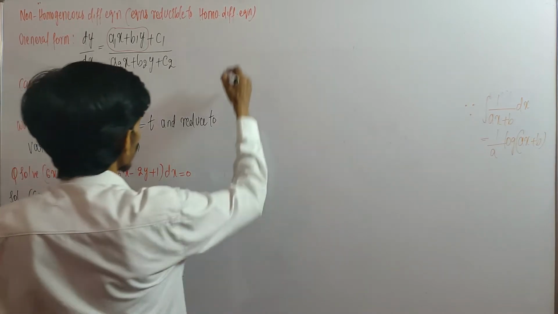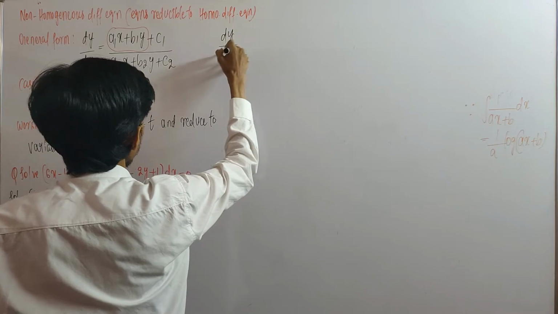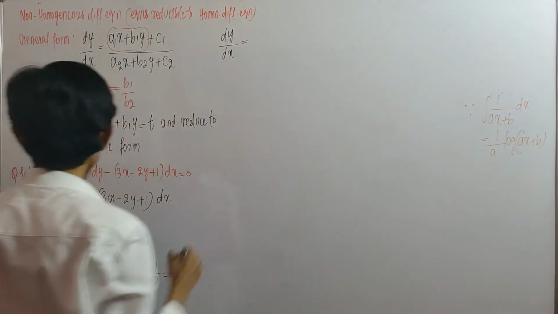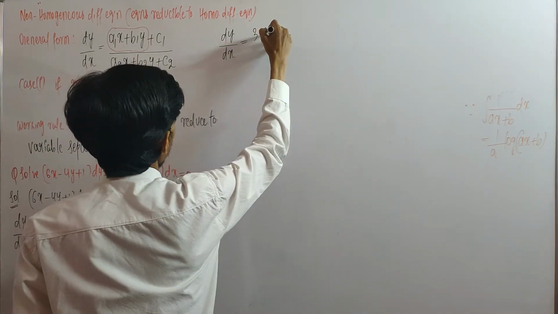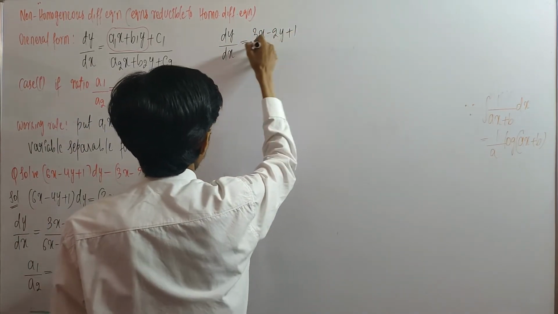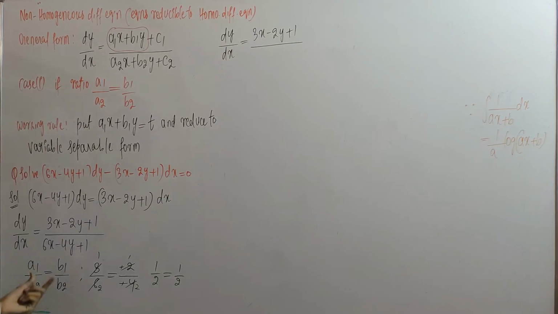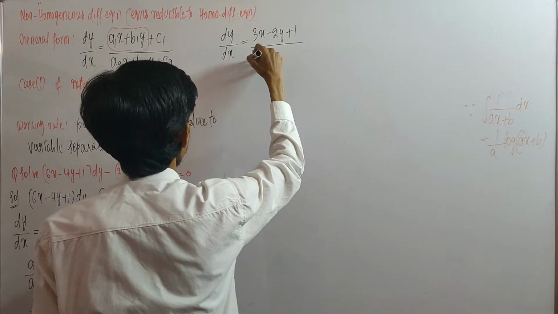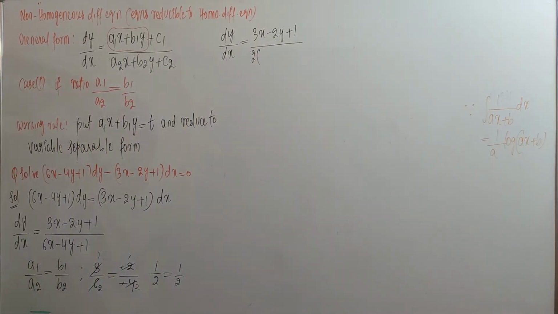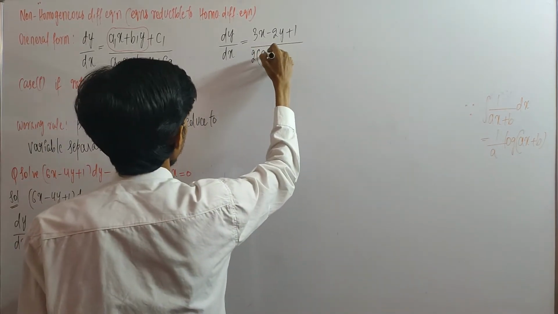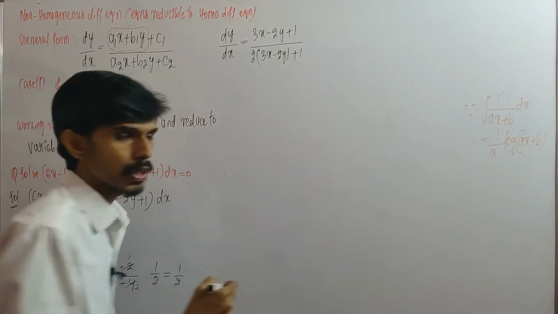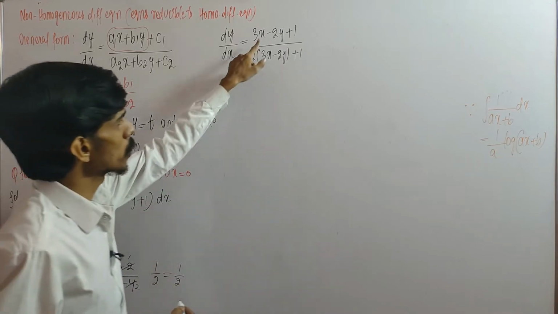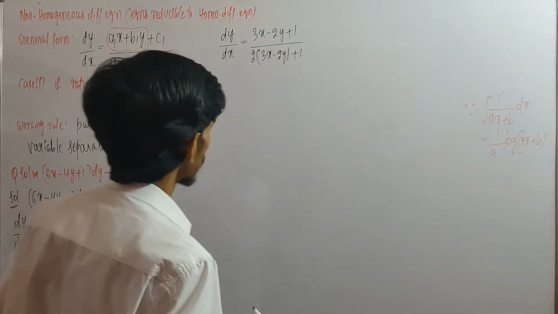Now dy by dx is equal to, in numerator we have 3x minus 2y plus 1. Now in denominator take common 2. So if I take common 2, I'll get 3x minus 2y plus 1. Now these two terms are same.